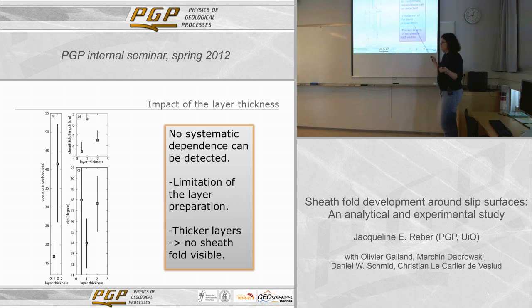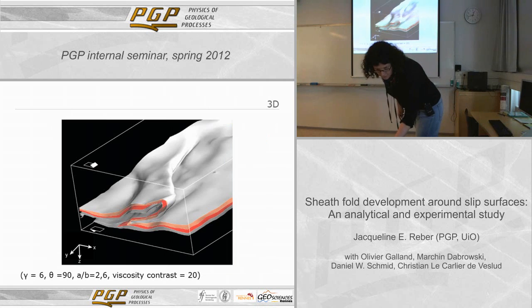That's not possible with the method we are using. We cannot make thicker layers because then we anyway don't see a sheath fold. So we basically have to be content with the conclusion that the layer thickness is very relevant for the visibility, but we cannot say anything about systematic dependence.